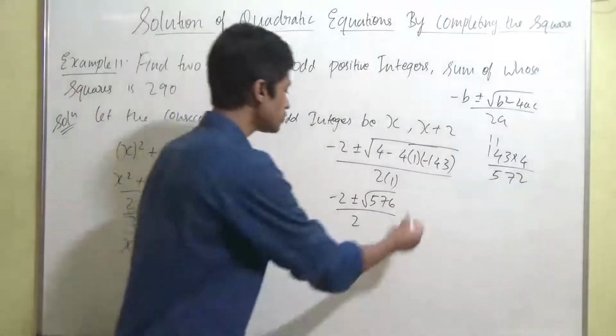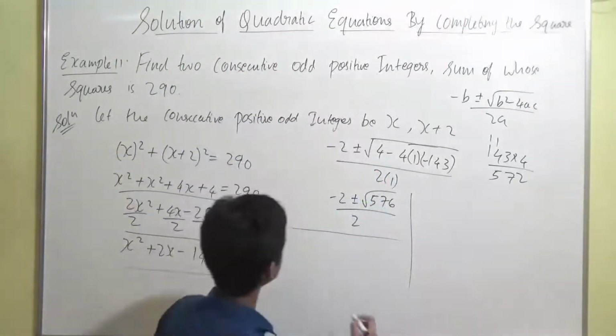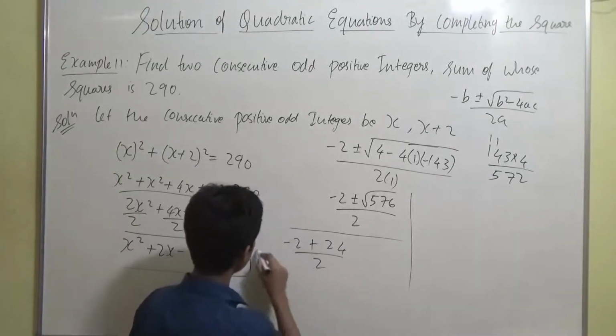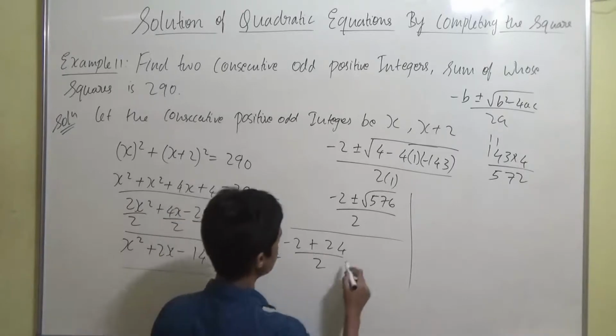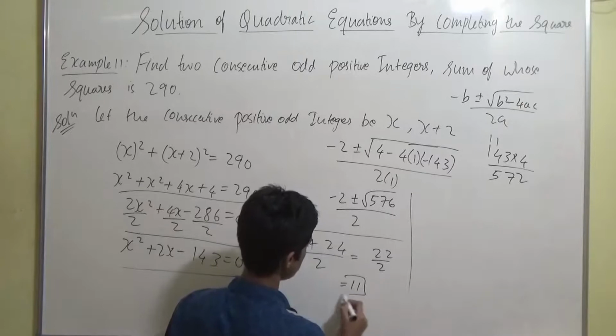So there are two solutions possible, right? The first solution is x equal to minus 2 plus 24 by 2, which is equal to 22 by 2, which is equal to 11.